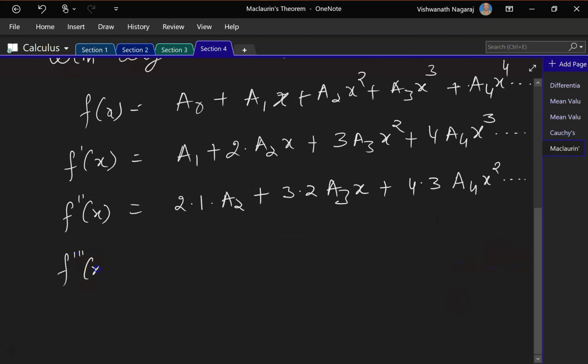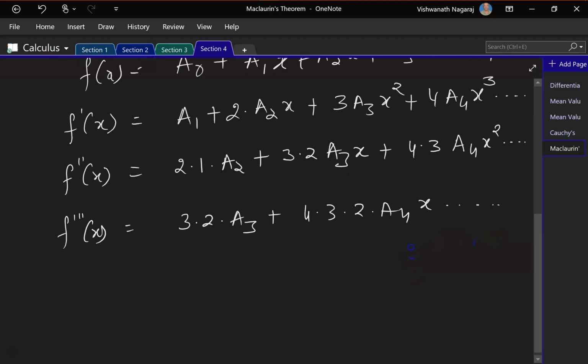Let's differentiate it once more. What will happen? This will disappear. So 3 times 2 times a3 plus 4 times 3 times 2 times a4 x and so on.